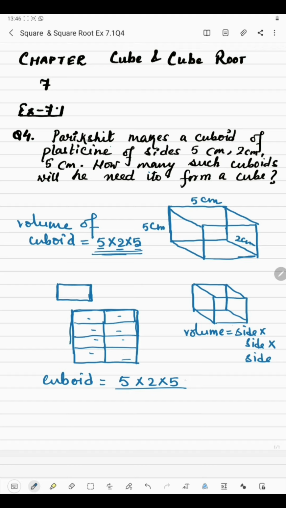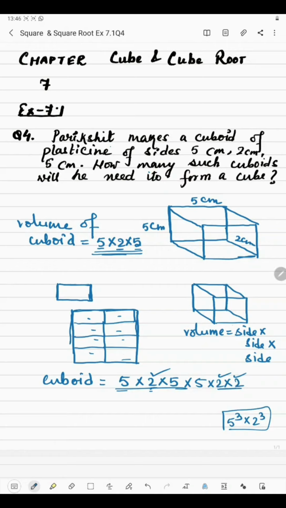Now if you take one more 5 with this, then you will get a triplet, which is 5 cube, right? And here we have one 2, so if you take 2 more 2's here, then you will get a triplet here. 3 2's make a triplet, and it will become 2 cube. Then you will get a cube, right?